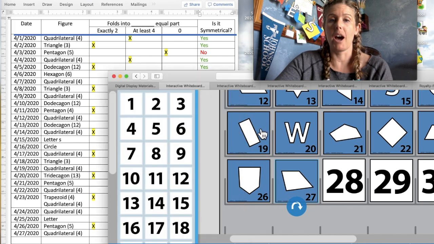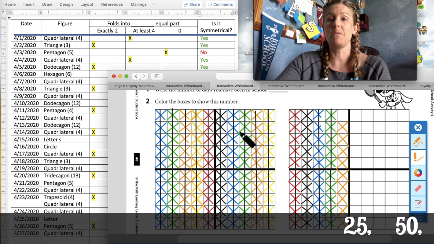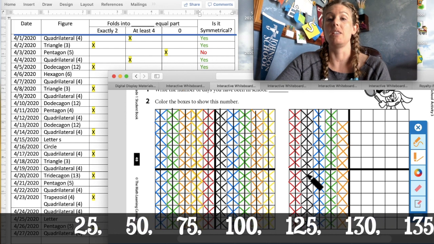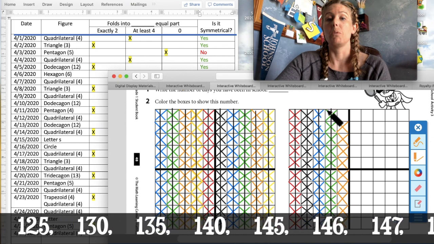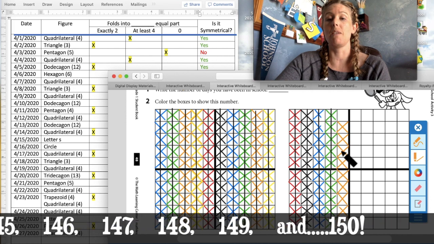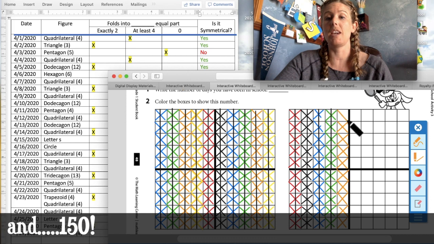And off to how many days we've been in school. Let's count by 25s to our small squares here. 25, 50, 75, 100, 125, now by 5s, 130, 135, 140, 145, now by 1s, 146, 147, 148, 149, and one more for today is 150. 150 days of learning.